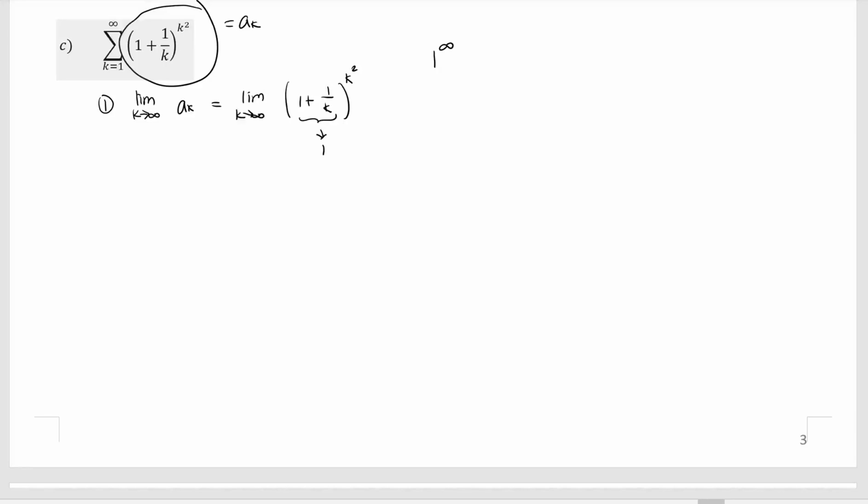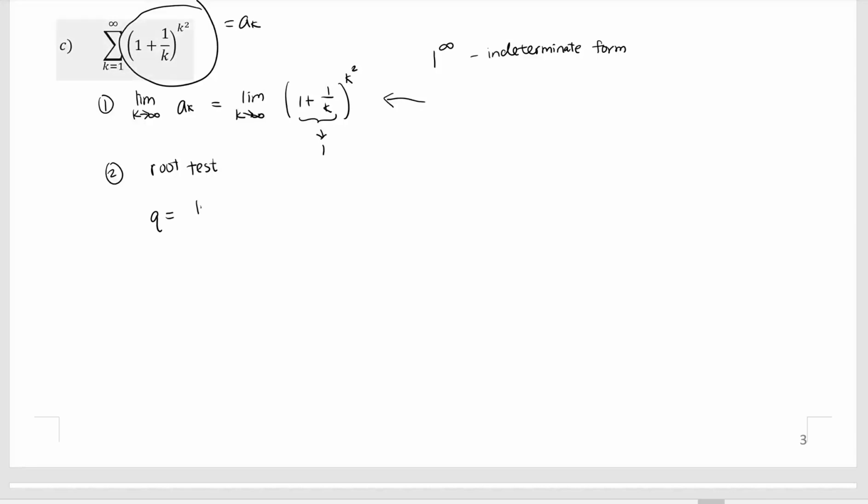So 1 to the infinity is an indeterminate form. But calculating this limit is actually more difficult than calculating the limit in the root test. So let's skip to the next step. Let's look at the root test.